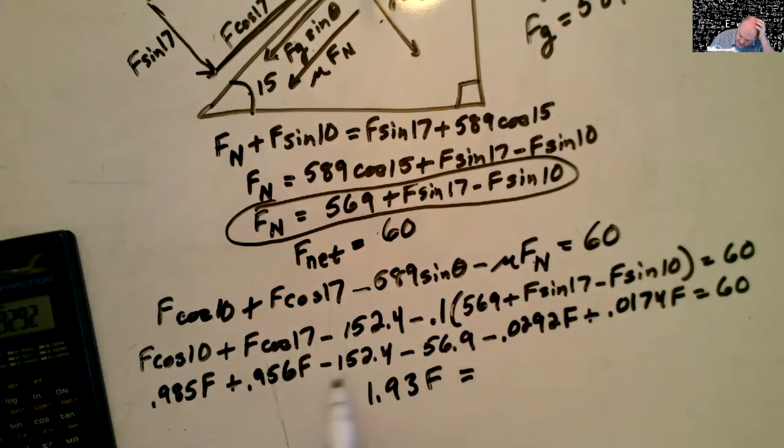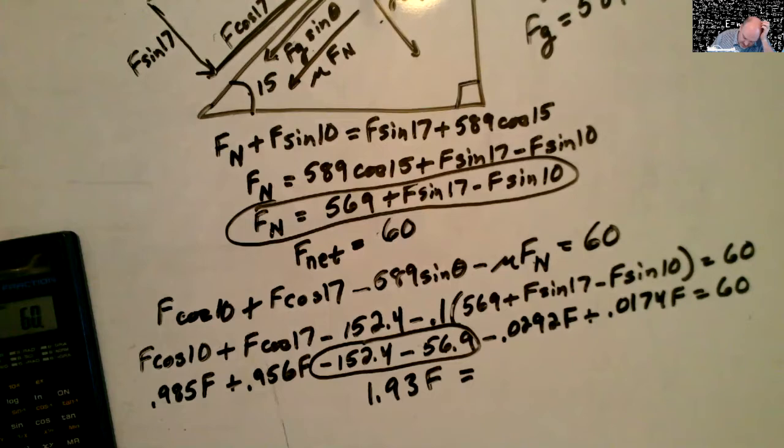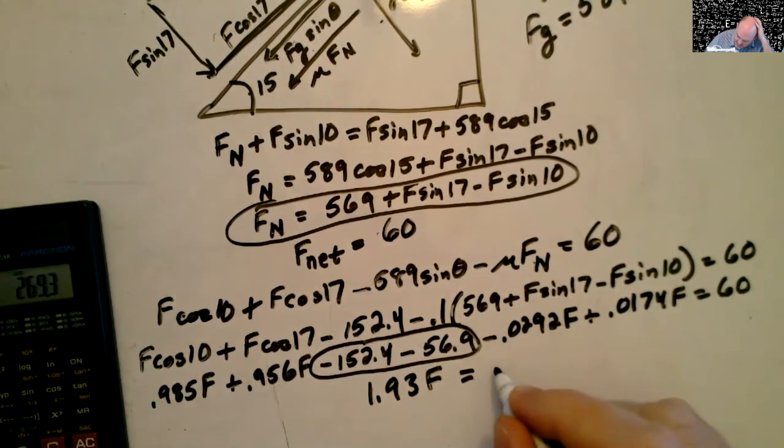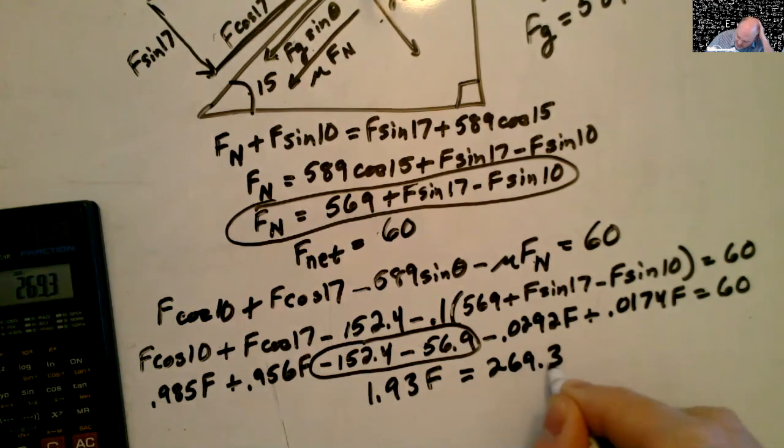I'm going to take all this part over to the other side, so it'd be 60 plus 152.4 plus 56.9 equals, and I get on this side 269.3.